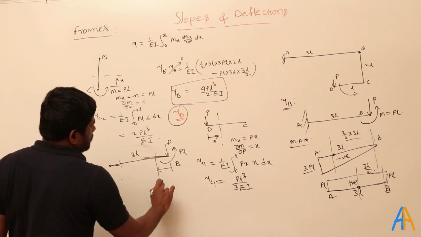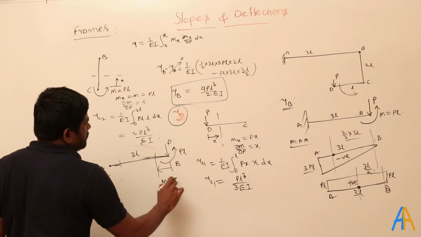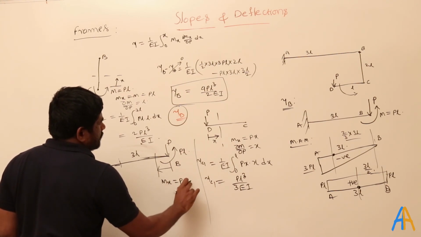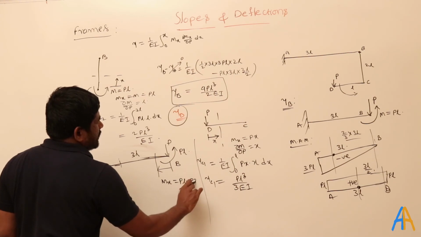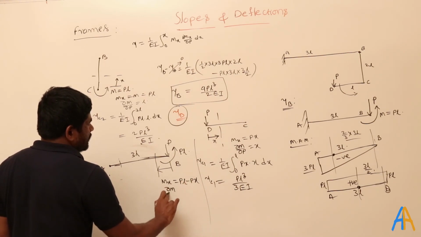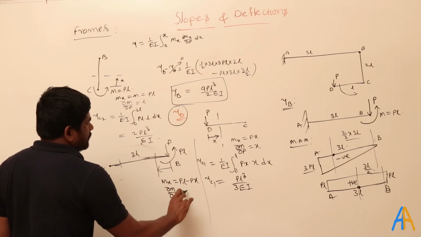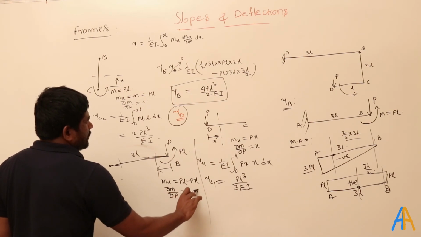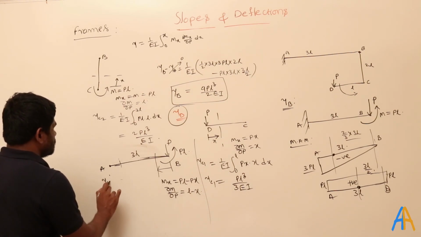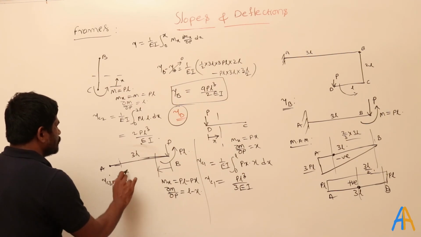So Mx at any distance from the B is how much? PL minus P into x. So ∂M/∂P is how much? L minus x.